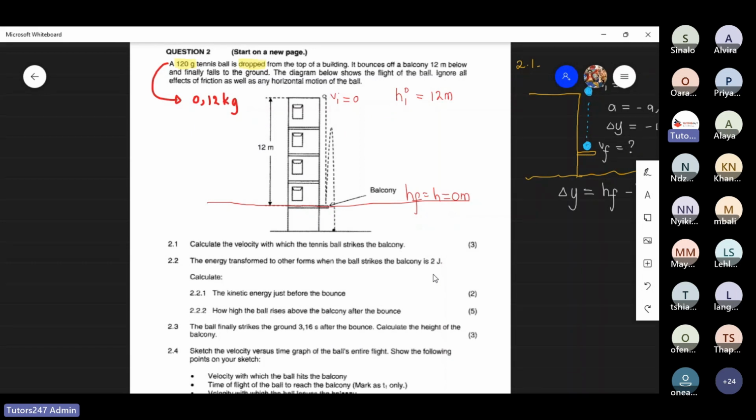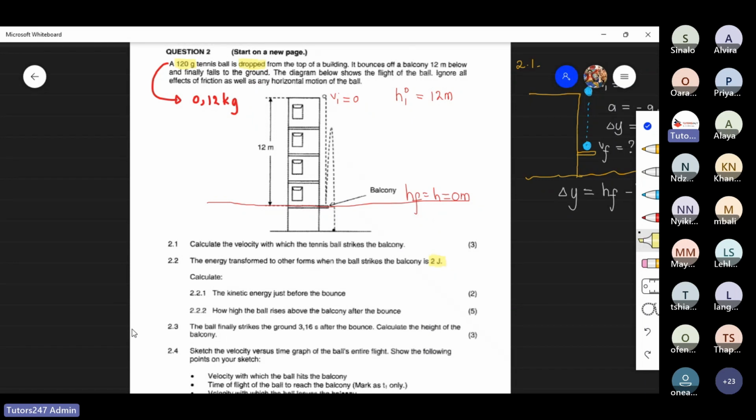You'll see the same situation in real life. If you drop an object from a height, each new maximum height is going to be lower than the previous one. So we need to calculate the energy just before the bounce. Whenever we are calculating kinetic energy, we need mass and we need velocity.